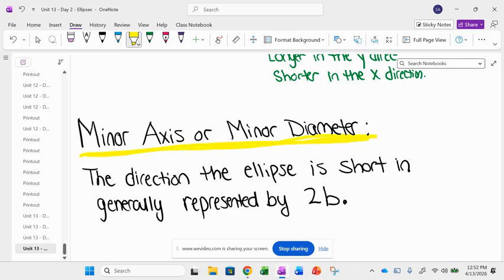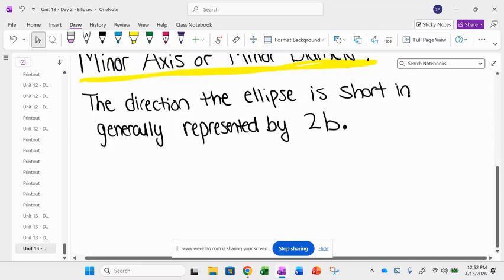So if the minor axis or the minor diameter is the direction they're short in, what do you think we're going to call the direction we're long in? The major, you got it. So that's the next one.